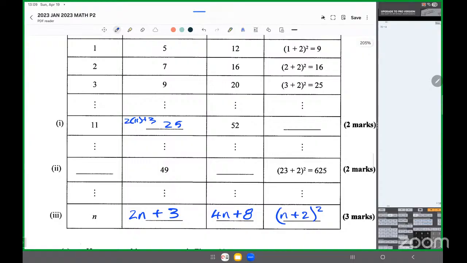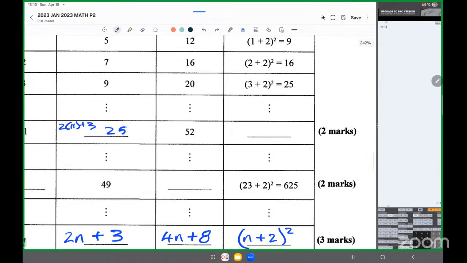And if you try the 11 here, it becomes 4 times 11 is 44 plus 8 is 52. Yes. Then over here now, we're just going to put the formula. If I put the 11 in the formula, I must always put what it is. So it becomes 11 plus 2 squared. That's 13 squared, that's 169. That's correct.